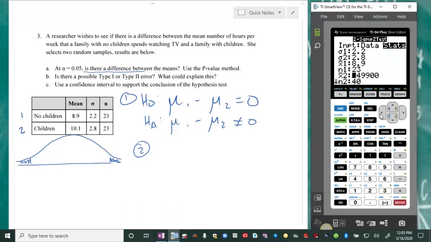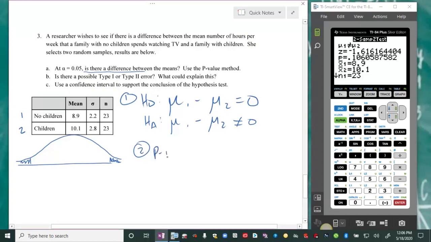And for our other group with children, we've got 10.1 hours per week, and that was also a group of 23. This time we do want to choose not equals to match our alternative hypothesis, and we'll go ahead and hit calculate.